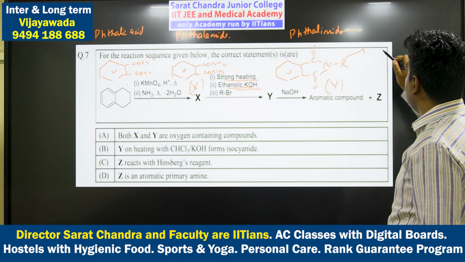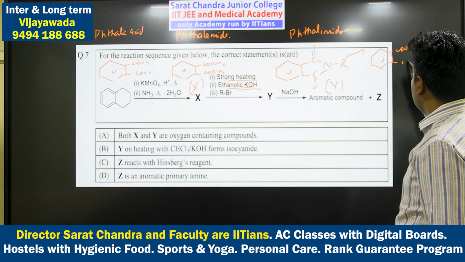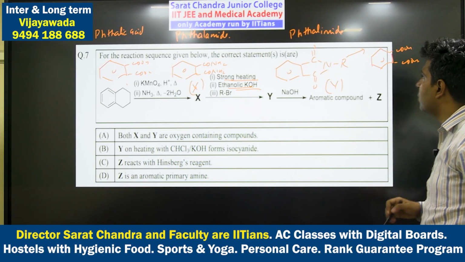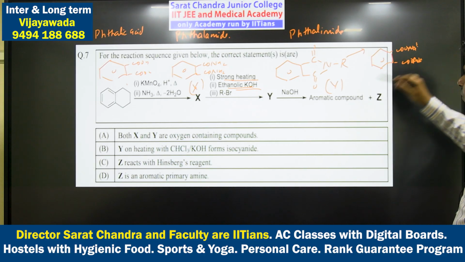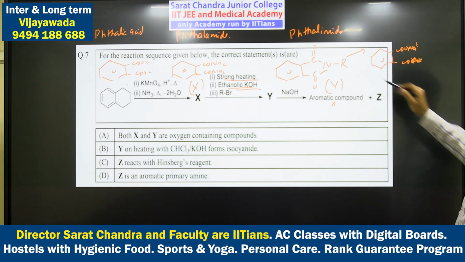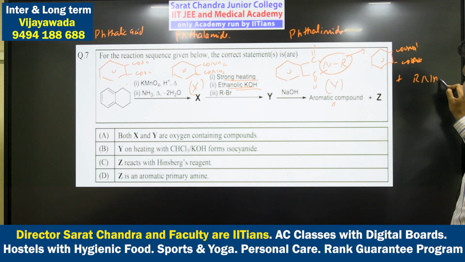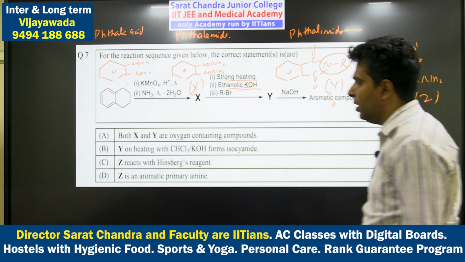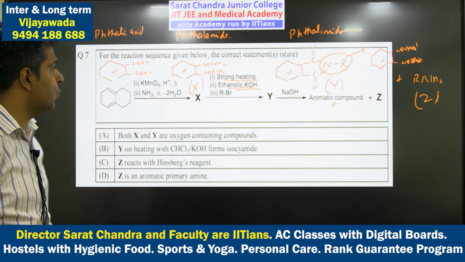The amide group will undergo hydrolysis, COOH will be formed, basically sodium salt will be formed since NaOH is there. That is the aromatic compound, and this will come out as amine, RNH2. This is Z. RNH2 will be the primary amine. So this is the overall reaction that is happening in this question.